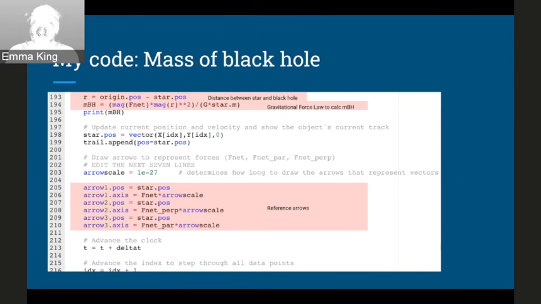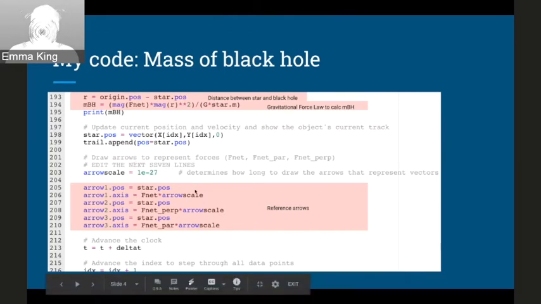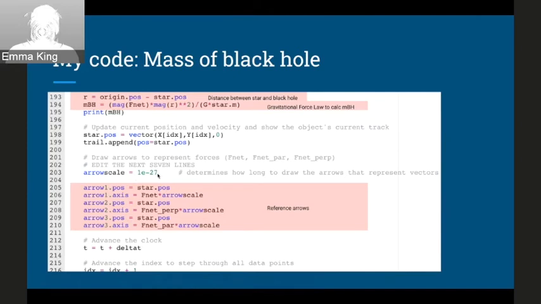And then you plug it into the gravitational force law. And then we have our reference arrow, so we have the position. I had to scale it down a lot because the forces acting on it are very, very large. So we have our net force arrow, perpendicular force arrow, and parallel force arrow.